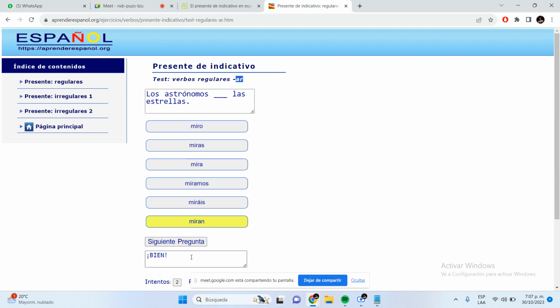No, the verb is mirar, so it's AR. Okay, AR. I thought it was mirir. No, it's AR.